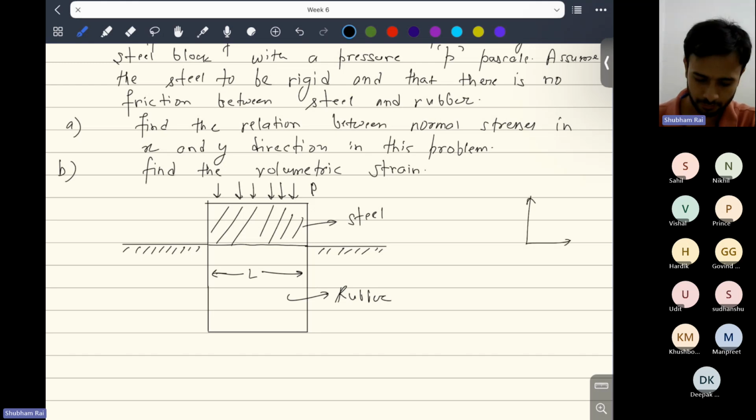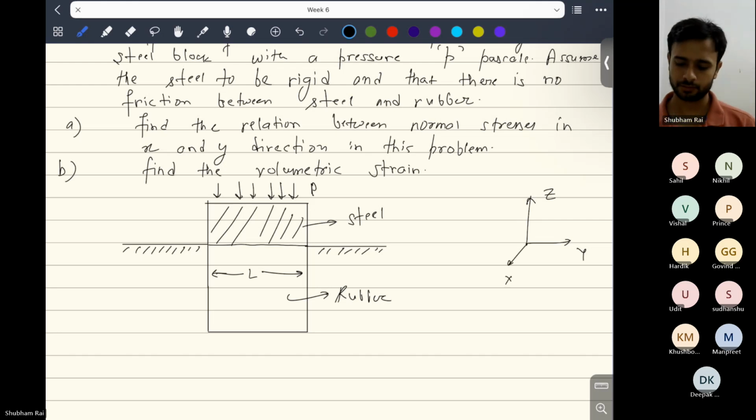This is your y-axis, this is your z-axis, and this is your x-axis.